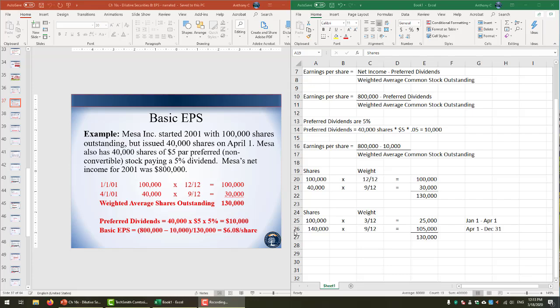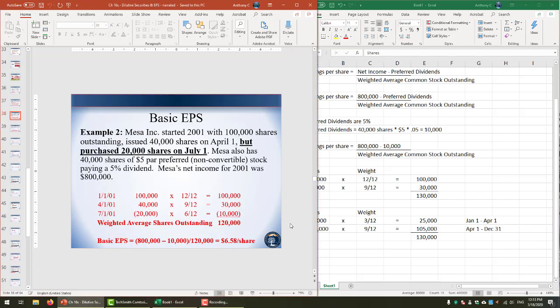Let's go through a couple more examples to cover different scenarios. In the second example, we have pretty much the same thing going on as in the first example, but now the company is going to repurchase 20,000 shares on July 1st. So the company is making a stock repurchase.